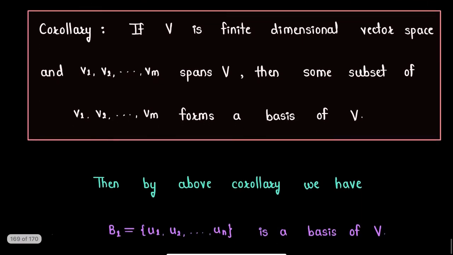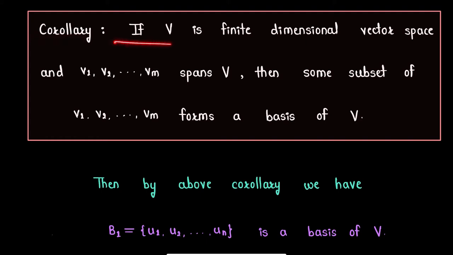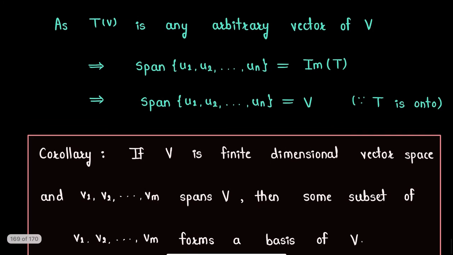Further, we have a corollary which states that if V is a finite dimensional vector space and U1, U2, up to Um span the vector space V, then some subset of these m vectors will form a basis of vector space V. Note that here these n vectors span vector space V, and we initially considered that the dimension of V is n.